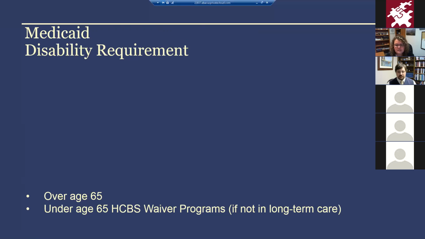If you're under 65, not in long-term care, but you need services, then you're going to need to get a Social Security determination of disability. Even then, with the waiver programs, depending on the program you need, you may be put on a waiting list. So it's not very easy to get services sometimes under the HCBS program. But there are a lot of programs out there, and Randy and I will be talking about those a little bit more in one of our other sessions.